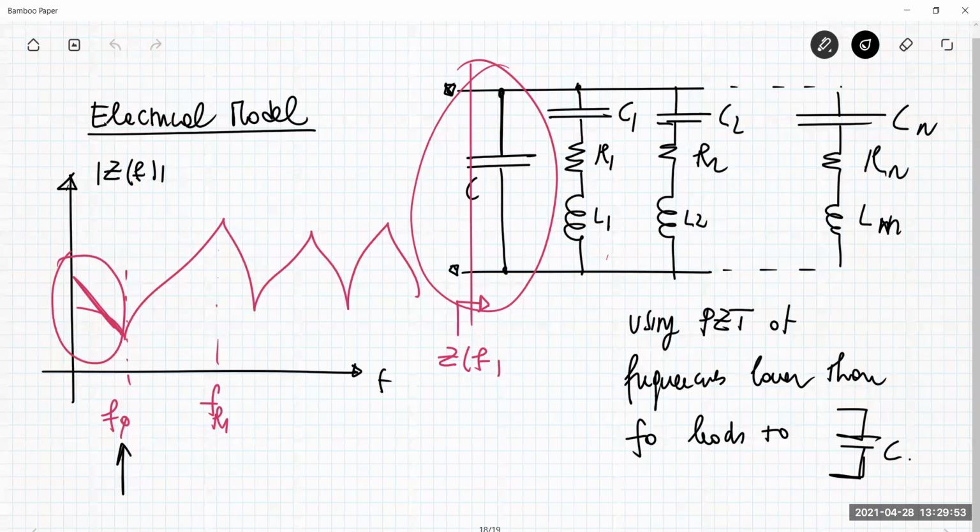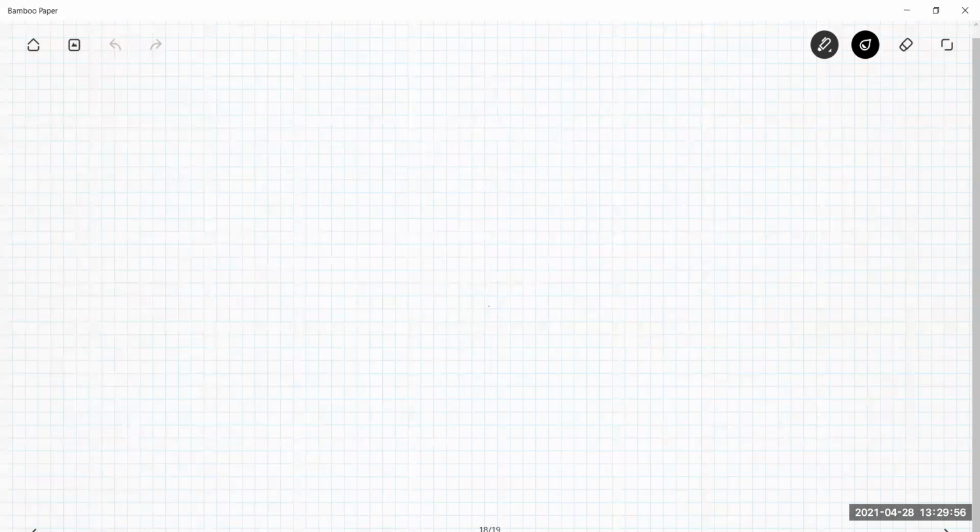So piezo material can be applied in several different situations. Specifically, they can be employed as actuators that are very, very fast and can produce motion in a very precise, controlled manner, typically even in sub-nanometer increments.